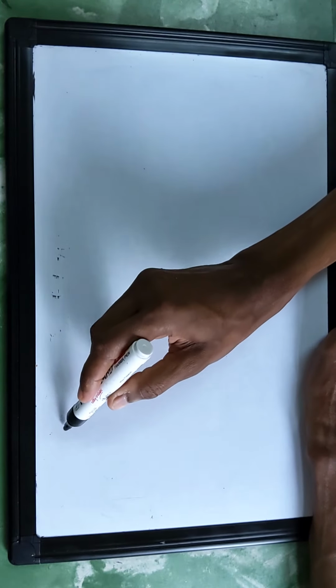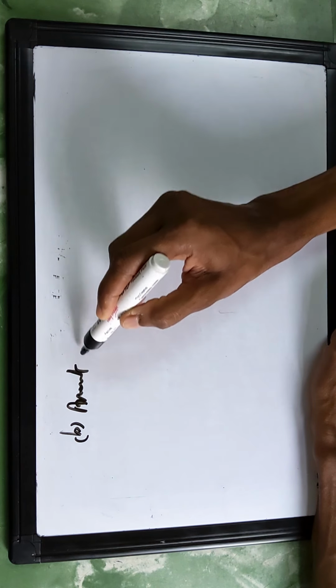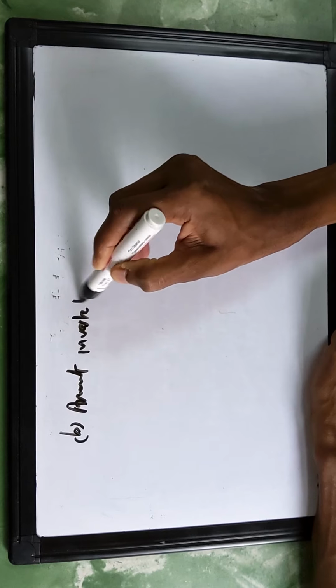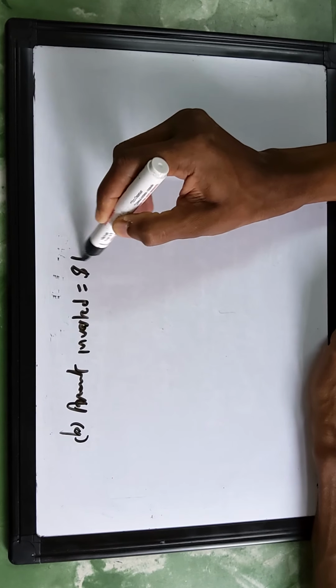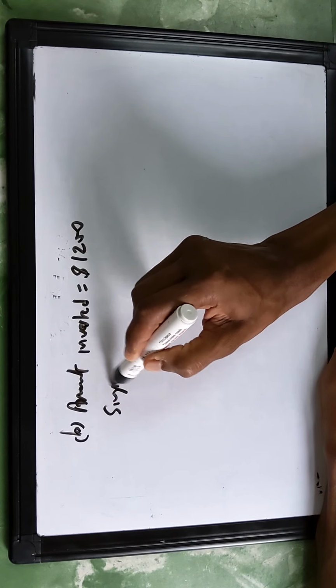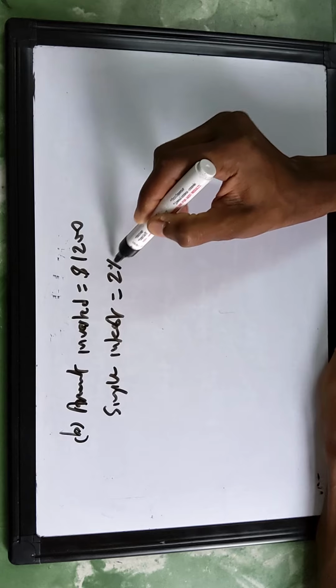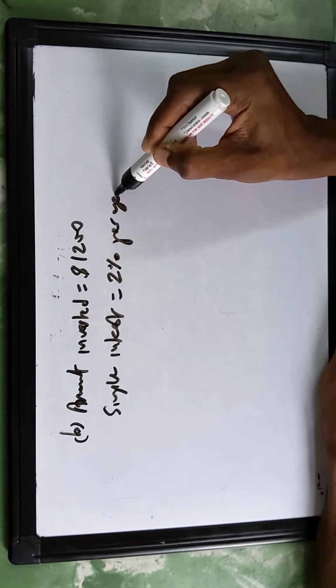The B part, amount invested $1,200 at a simple rate of interest of 2% per year.